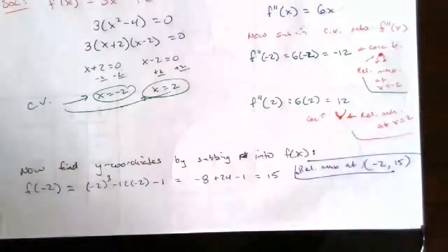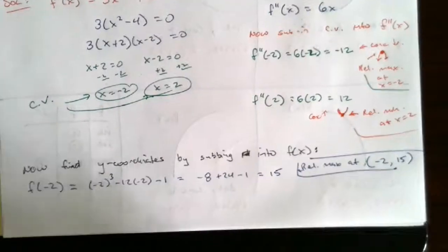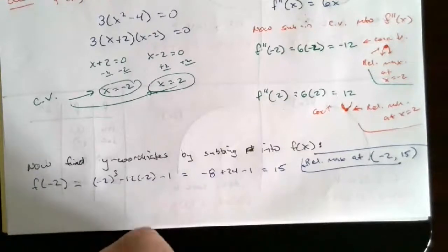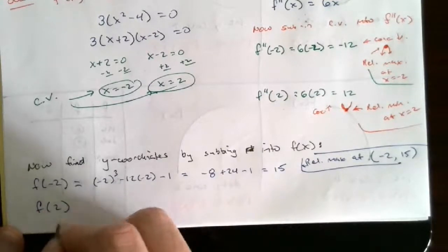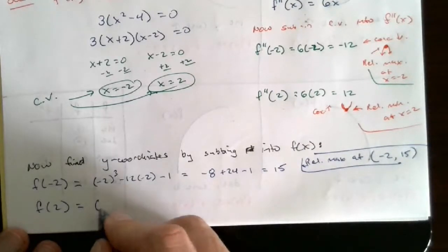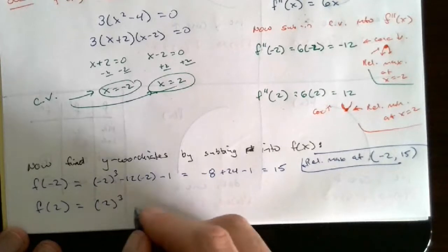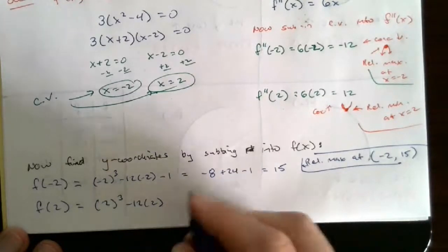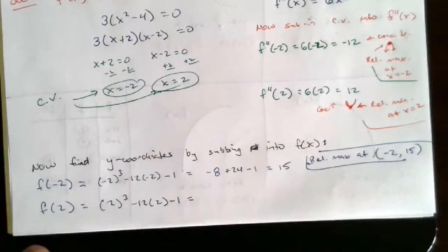All right, so we've got that part done. And then f of 2, the other critical value, equals 2 cubed minus 12 times 2 minus 1. And what does that equal?